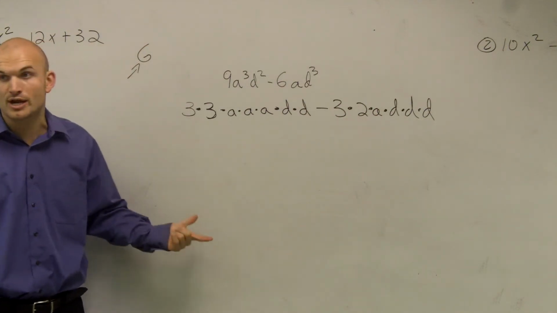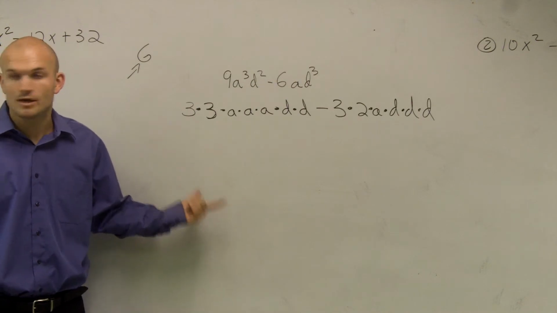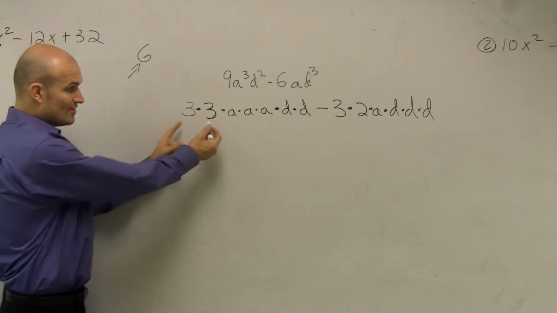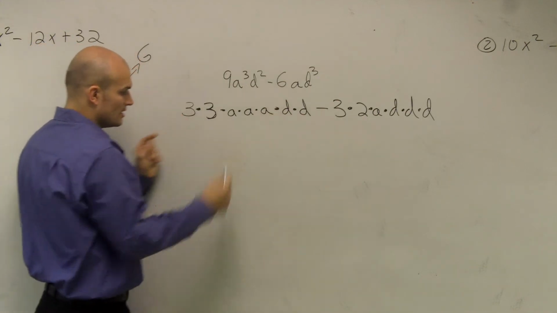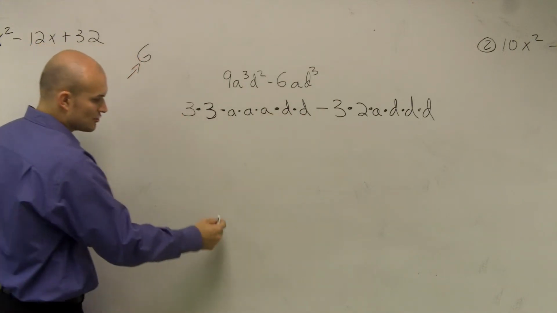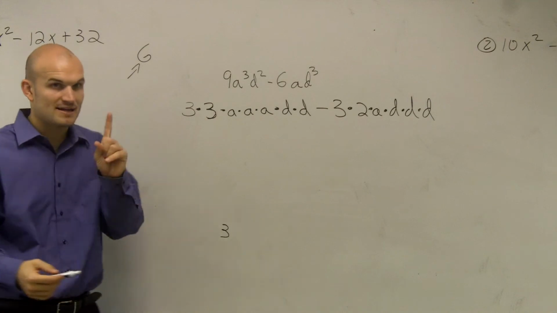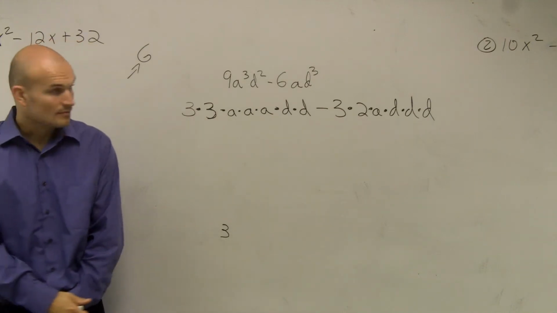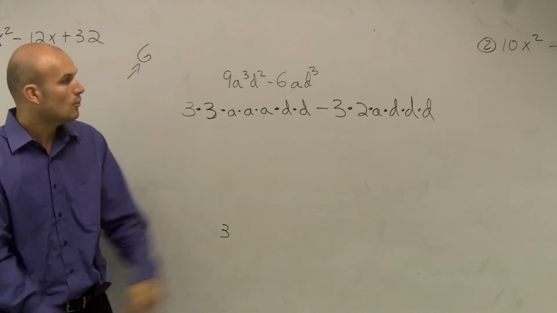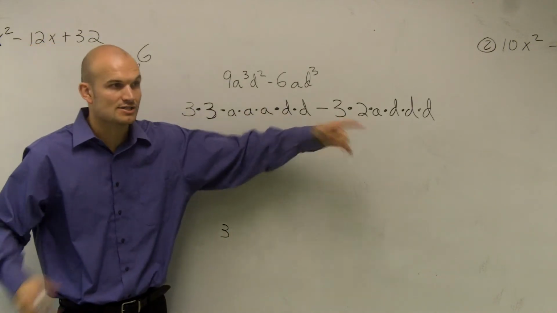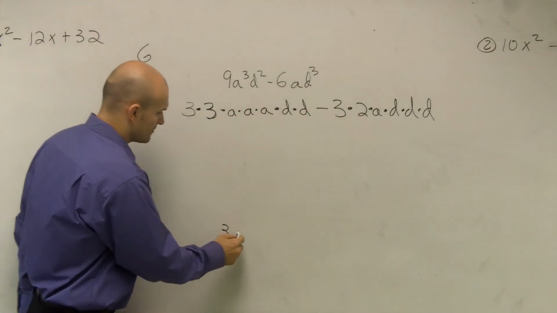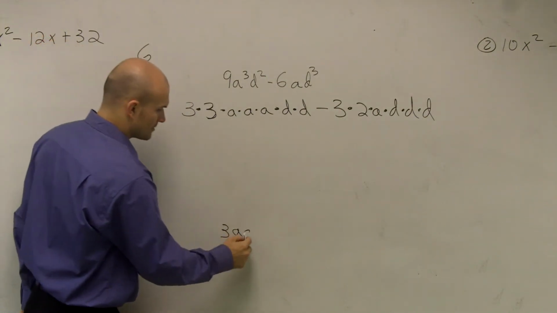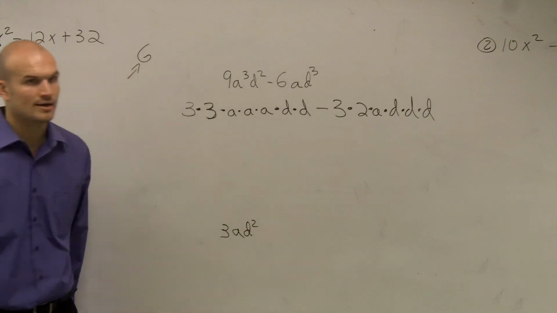What number do they share? 3. One 3 or two 3s? Just one, because this has two of them but this only has one. So the one factor they share is 3. Then what else do they share? An a. How many a's? One, because this has three but that has one, so they can only share one. How many d's? Two, so I can rewrite that as d squared.